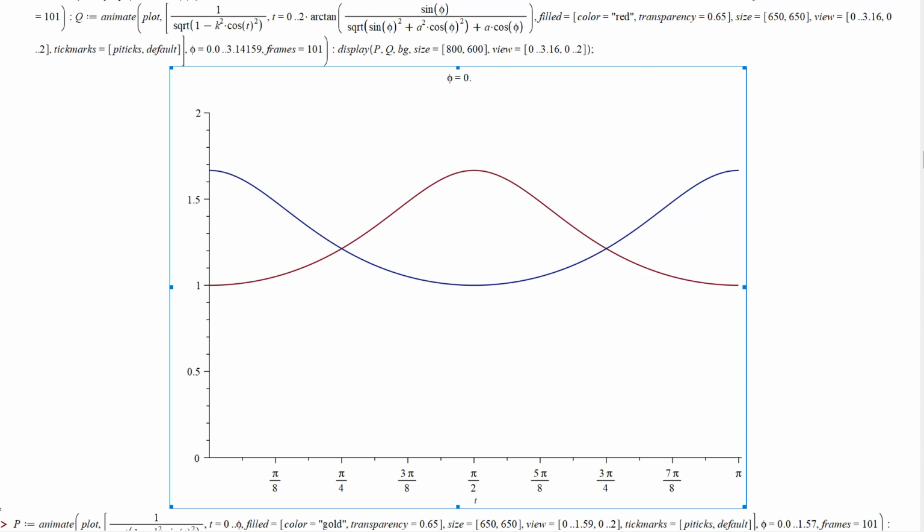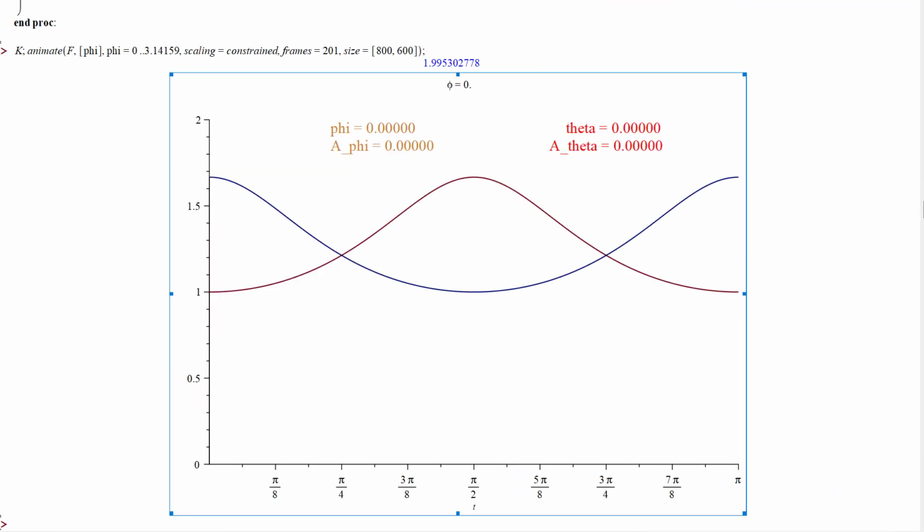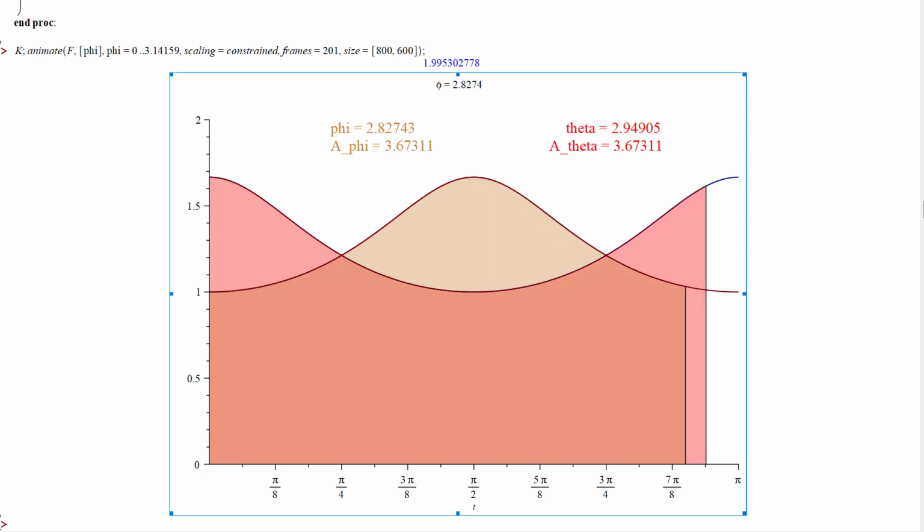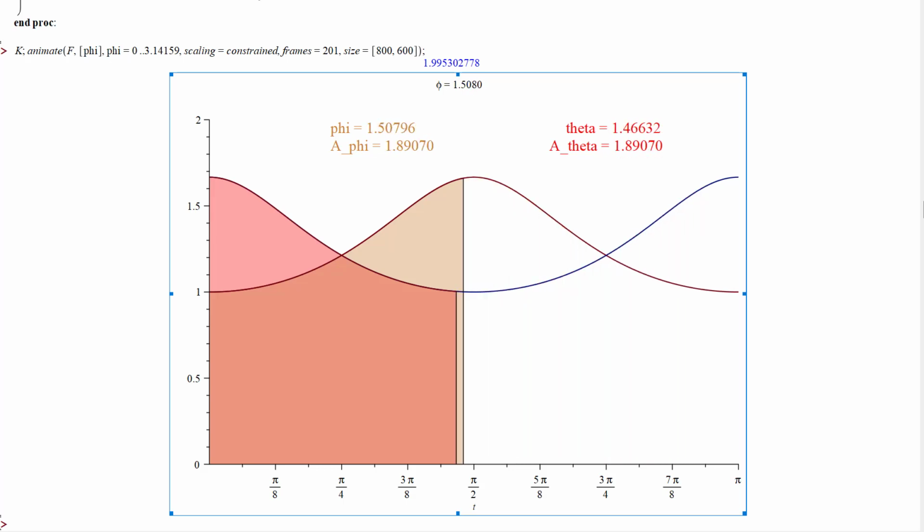And for any value of phi, there's a corresponding value of theta to get the same area under the curve. We can see it here. All right, so I'm always getting the same area under the curve. For whichever value of phi, there'll be a value of theta. And the relation is given by the tangents and the square root of 1 minus k squared.